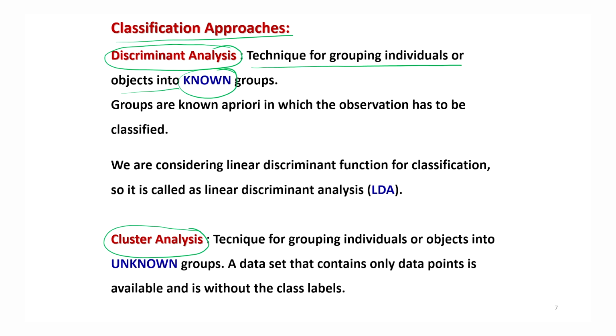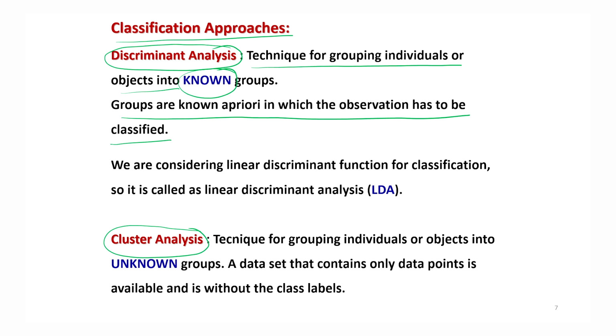And similarly, the fields, field number 1 and field number 2, were known to us, and we knew that this observation is going to belong to one of these categories. So these groups are known a priori, in which the observation has to be classified in the case of discriminant analysis.